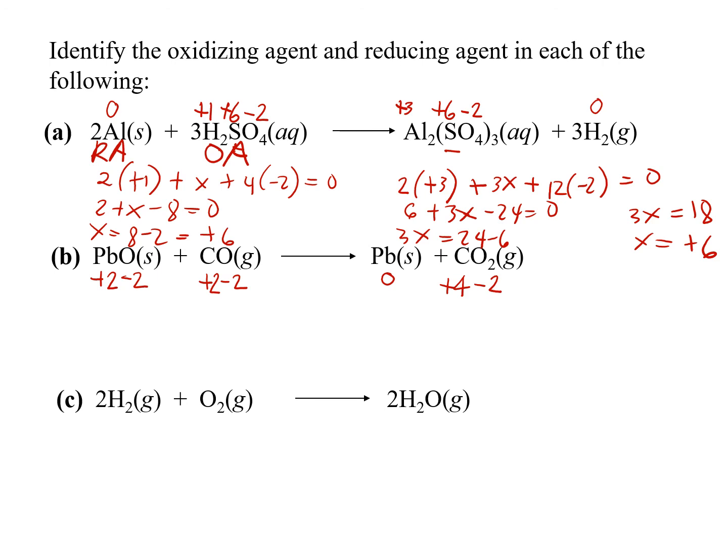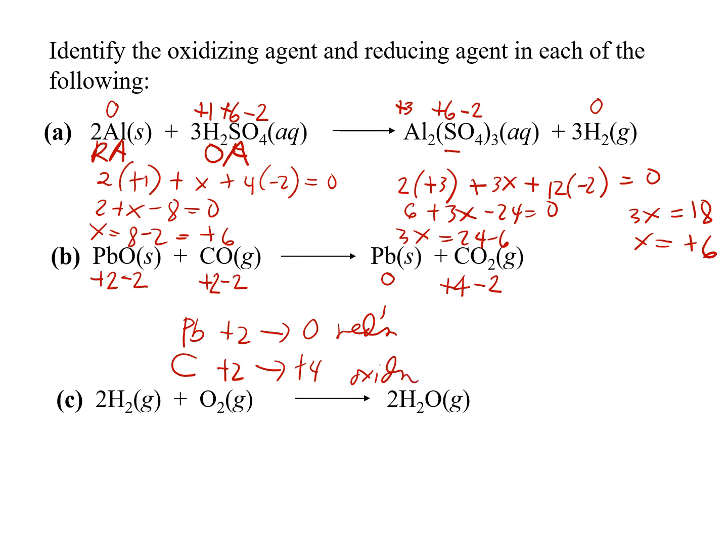So what changes? We have 2 lead. Lead goes from +2 to 0, so this is reduction. Our carbon goes from +2 to +4, so that is oxidation.